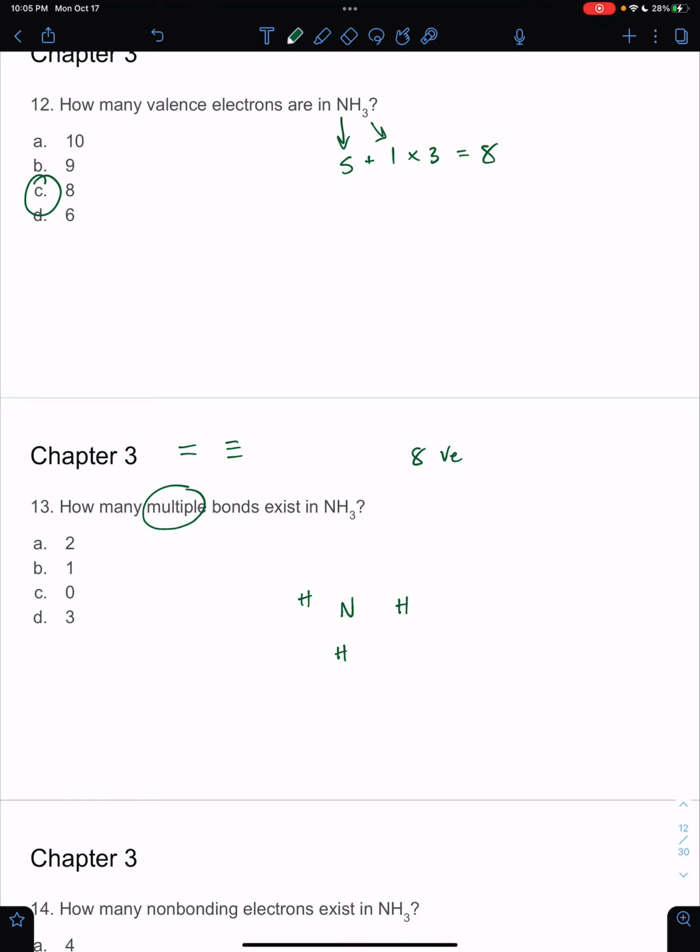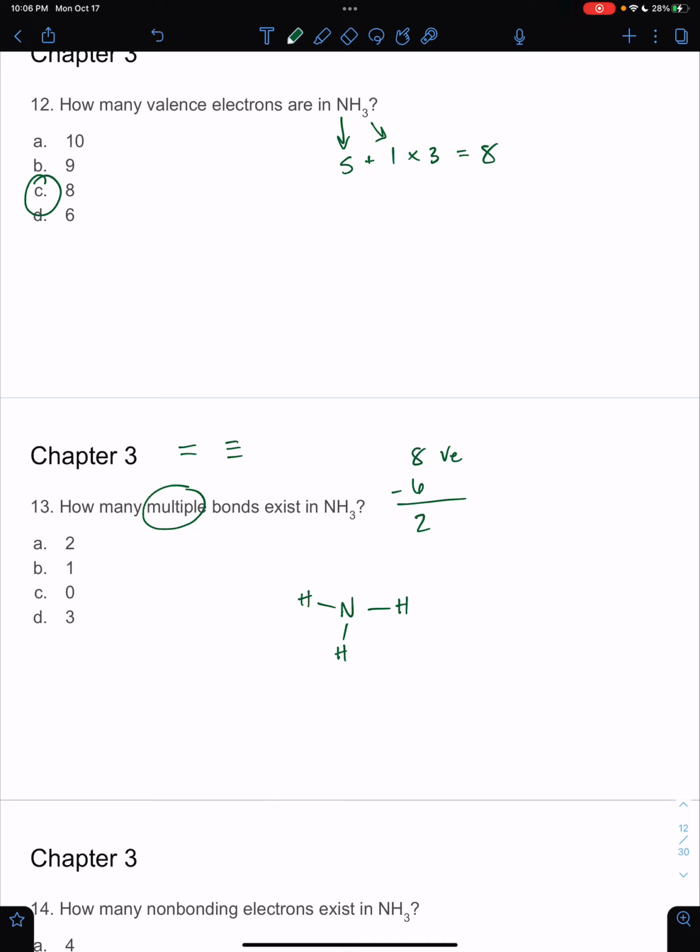So then we're going to add the bonds to each surrounding atom. In each of those bonds, there's 2 electrons. So we did 3 bonds, each with 2 electrons. That's a total of 6, so we have 2 electrons left over that we have to add. We're going to look at the central atom.